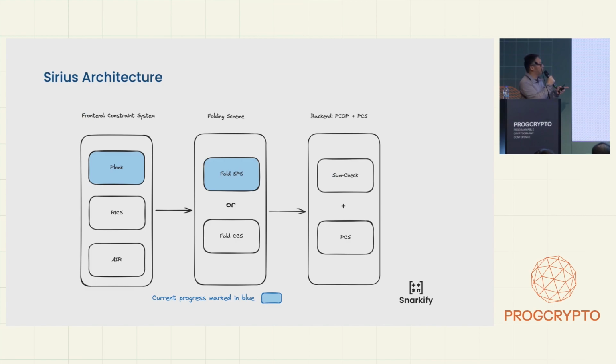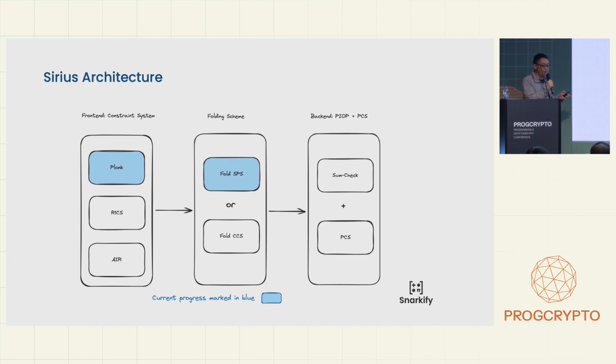And this picture is the basic project architecture in Sirius. There are 3 layers: the front layer, middle layer, and the backend layer. In the front layer, assuming a user is using the Halo 2 library and writes a PLONKish circuit, we can convert the user-defined circuit into some intermediate representation, the IR. In our case, there are 2 approaches. I think in the previous 2 talks, you already saw them.